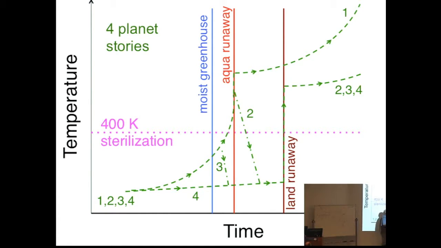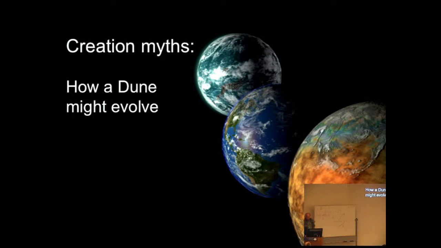Planet 2 became uninhabitable during the runaway greenhouse effect, and then transitioned into a land planet where it's habitable again in the future. And then planet 1, which is the water-rich planet, never transitions into a habitable land planet, but instead just dies out. Talk about creation myths, how to make one.